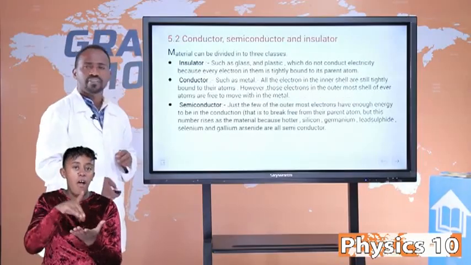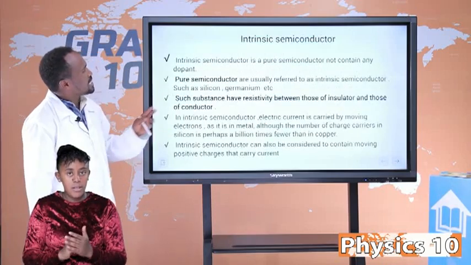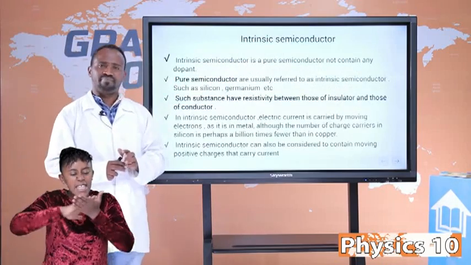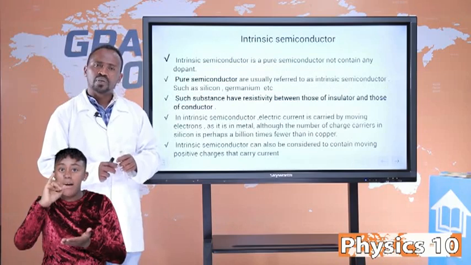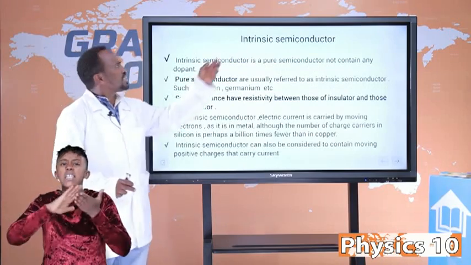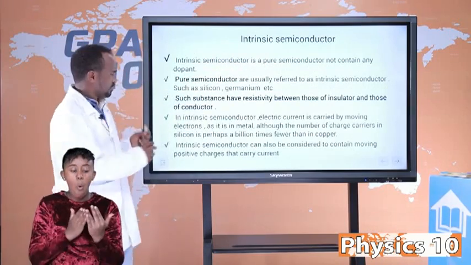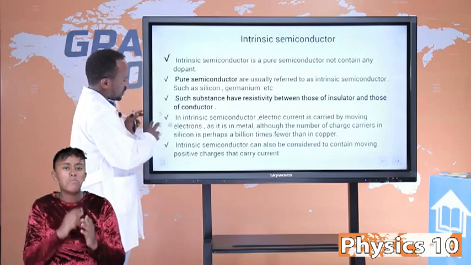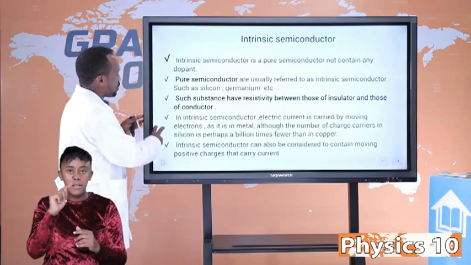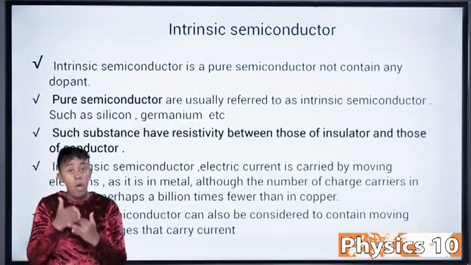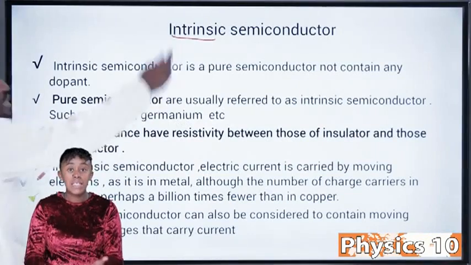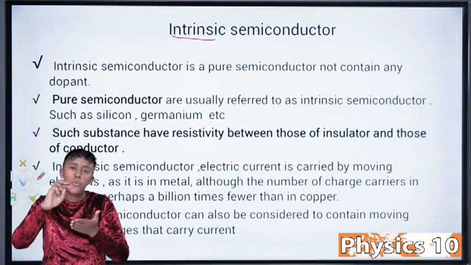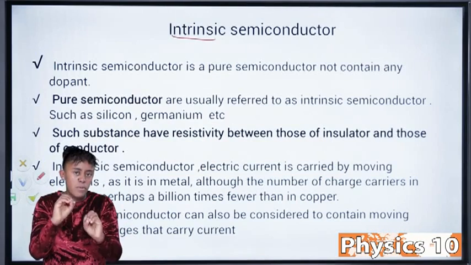I revised this point. So let us see intrinsic semiconductors. Students, what does it mean when we say intrinsic semiconductor? Intrinsic semiconductor means a pure semiconductor without any added impurity.